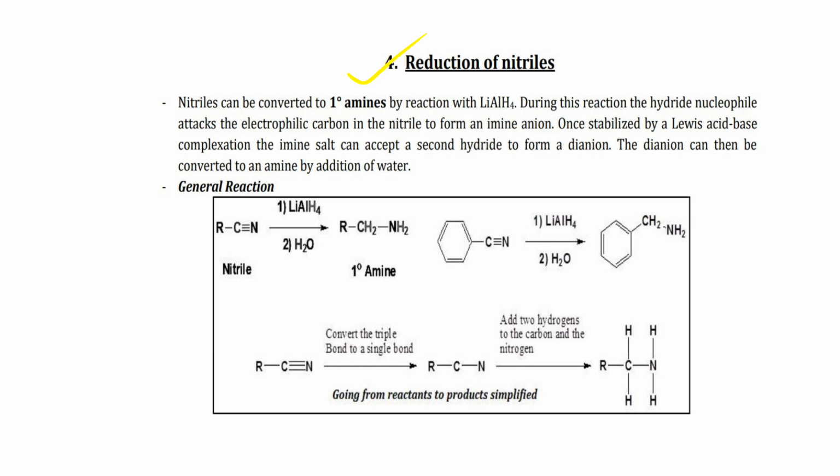This is the reaction. Nitrile is RC triple bond N, and that is reduced in the presence of lithium aluminum hydride, then hydrolysis gives a primary amine. An aromatic nitrile, cyanobenzene, reacting with lithium aluminum hydride gives RCH2NH2. This is the general reaction.